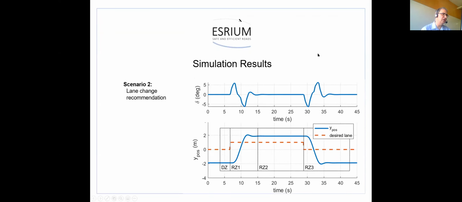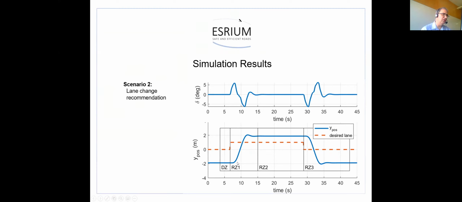Next slide, please. This is a simulation result of the lane change recommendation. Again, in the upper figure, you see the steering wheel angle, and in the lower figure, in red, the desired lane path. Lane 0 is the right lane, and lane 1 is the left lane. We start on the right lane. In the detection zone, we receive the message.